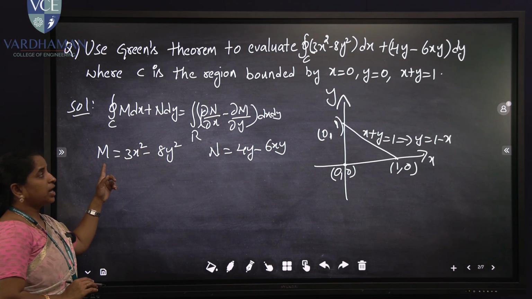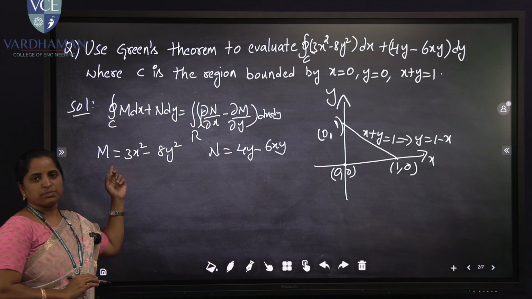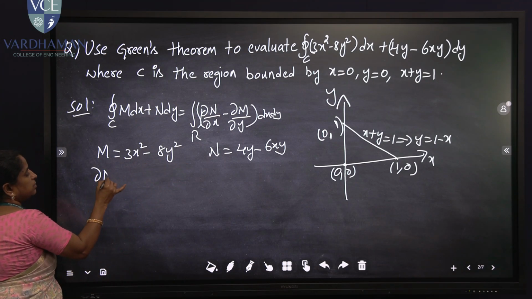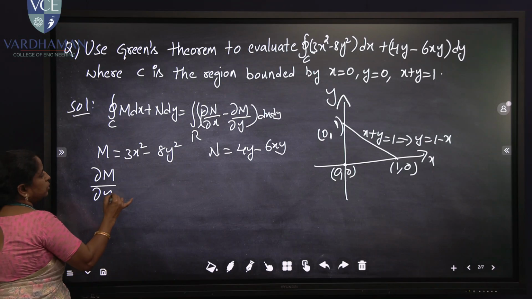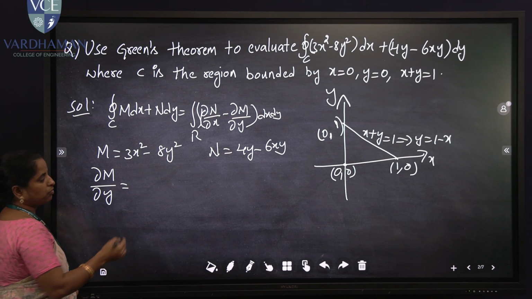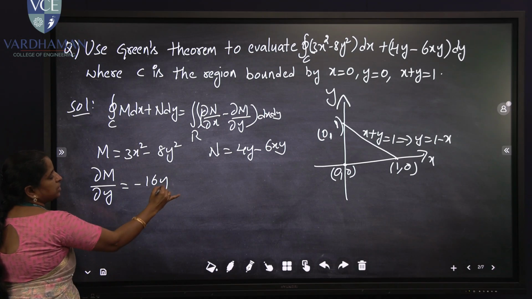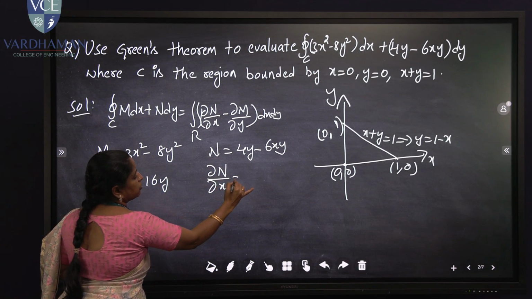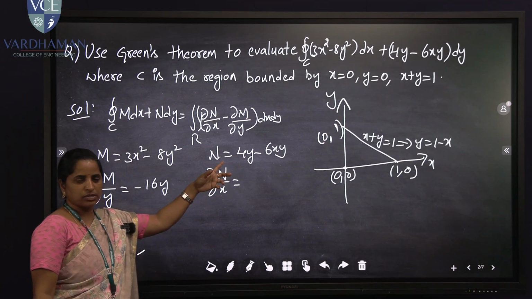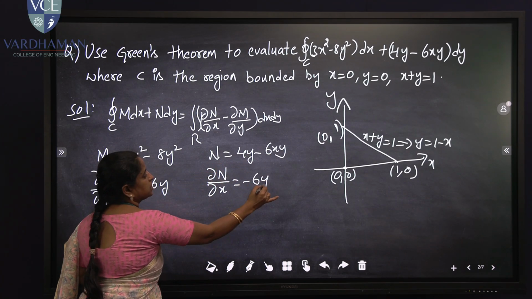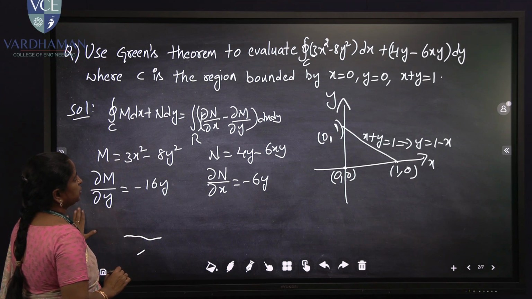Now we have to differentiate M with respect to y and N with respect to x. So dou M by dou y: with respect to y, this will become 0, and y square will become 2y, means minus 16y. Next dou N by dou x: with respect to x, here x is not there, so 0, and here x will become 1. Answer is minus 6y.